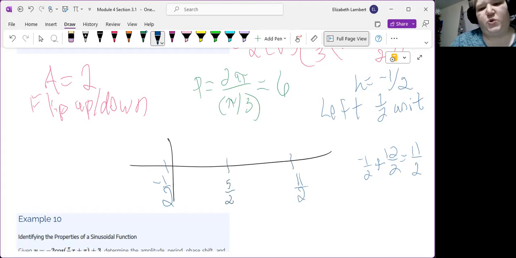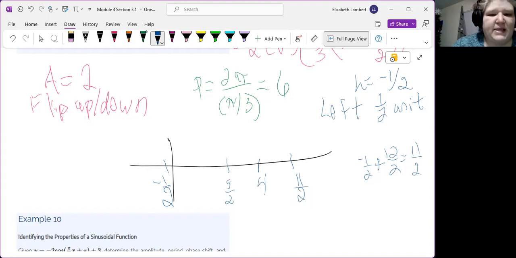Now halfway in between 5 and 11. Sometimes I'll do this in my head strangely. So 5 to 11 is 6, so half of 6 is 3, so 5, 6, 7, 8. We can also think 11, 10, 9, 8. So they're both 3. So 8 halves is really just the number 4.